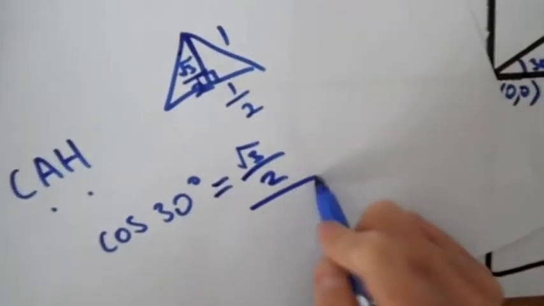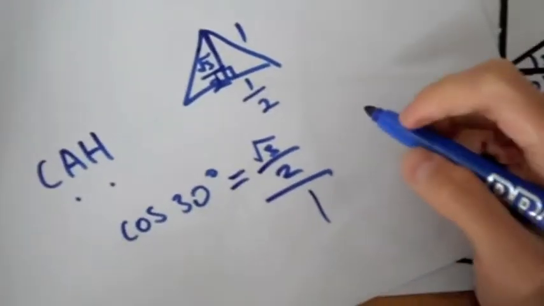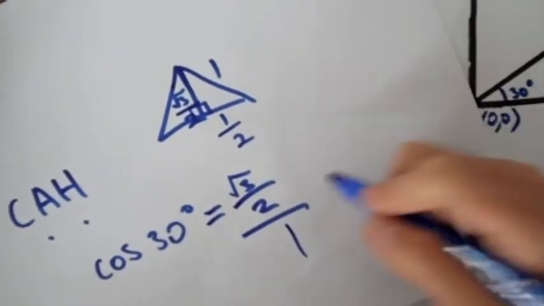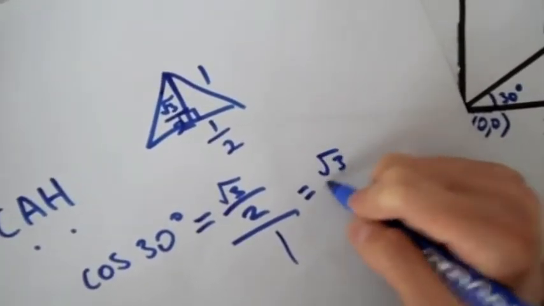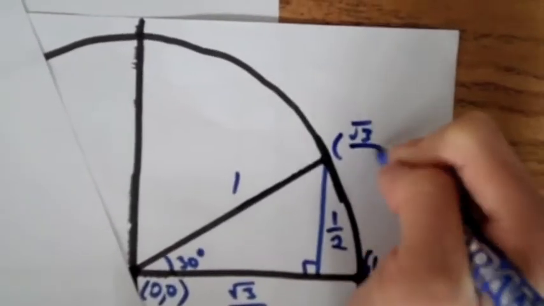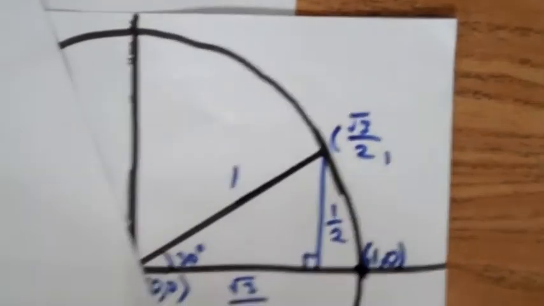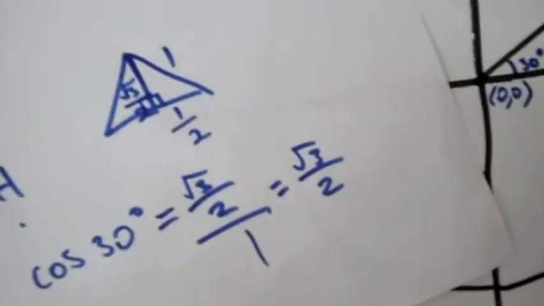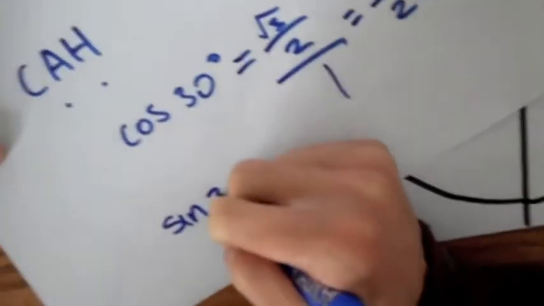The hypotenuse is 1. Radical 3 over 2 over 1 is just radical 3 over 2, which is the x-coordinate. So let's find y by using sine of 30 degrees.